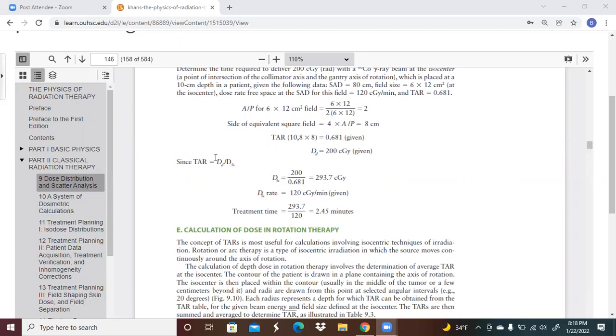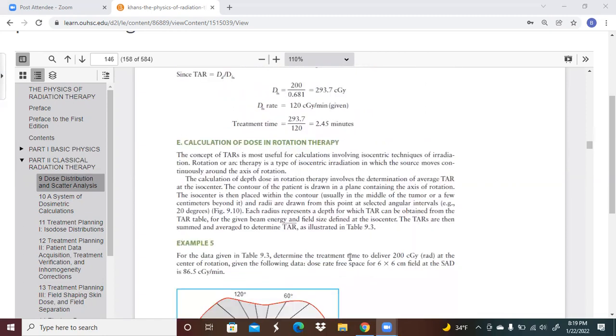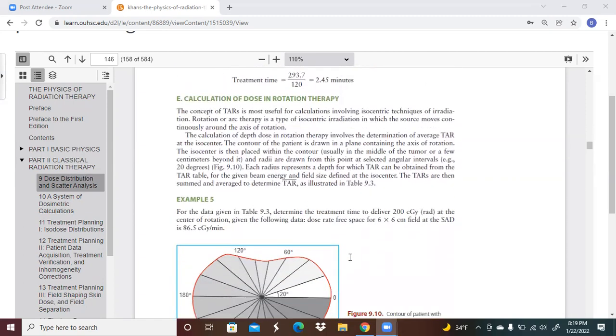So the dose in free space, if we solve this formula for D sub FS, the TAR goes down here, and we end up with this. The dose rate in free space is given to us right here, 120 centigray per minute. So the treatment time we're going to need is the dose in free space divided by the rate, and we end up with 2.45 minutes.